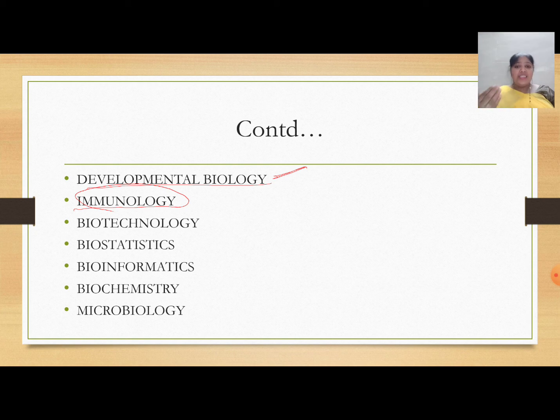But as years have passed, this subject has gained importance, because as all your other systems work in your body, like your developmental system, your reproductive system, your respiratory system, your digestive system, in the same way there is what is called the immune system, which is made up of the primary and secondary lymphoid organs and the lymphatic vessels, which pass all over your body just like your nerves and blood vessels pass.